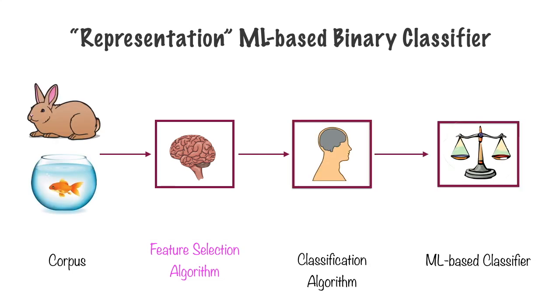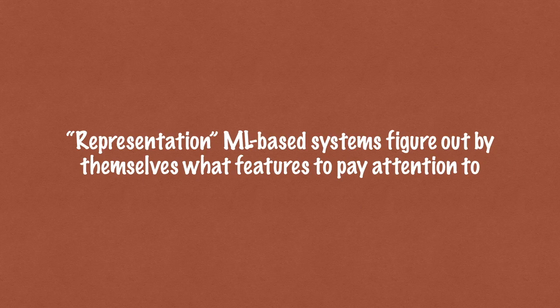And this is where representation ML models are much smarter than the traditional algorithms that we've used so far. Representation systems figure out by themselves what features to pay attention to. You can simply throw data at a representation ML model and it'll parse out and sift through and find patterns within this data without having you point out what features are important.